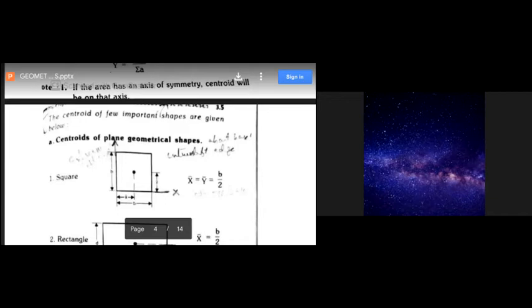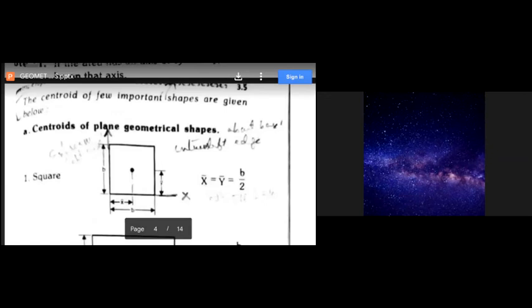For example, for a square, assume the side of the square is b, and the centroid of the square is x bar and y bar. Here x bar is the centroid from its bottom base, and y bar is the distance of the centroid from its extreme left edge.